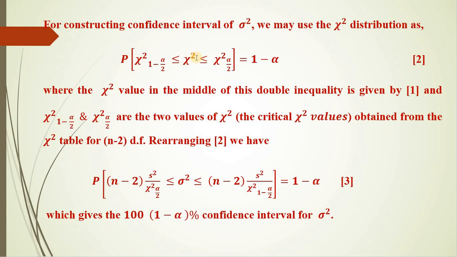And if you rearrange this expression 2, then we will get this expression. We are putting chi-square equal to small s square by n minus 2 into small s square by sigma square. And after rearranging this, we are getting this expression, which is the 100 into 1 minus alpha % confidence interval for sigma square.